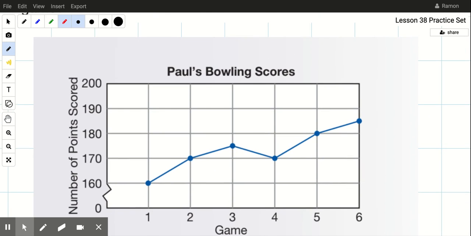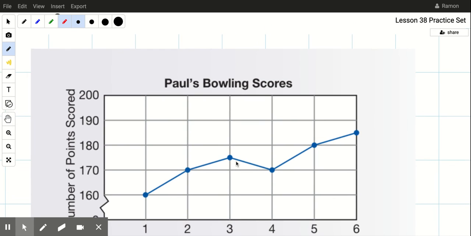Looking at a line graph shows us change over time. It's a progressive, incremental change from one data point to the next. It could show you over time how things increase or decrease.